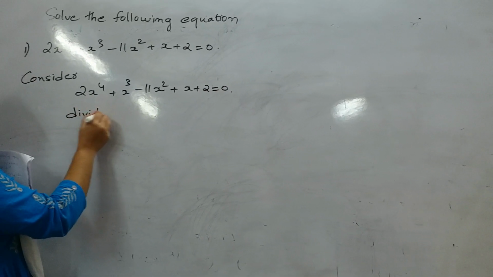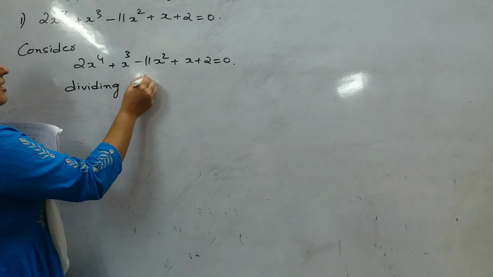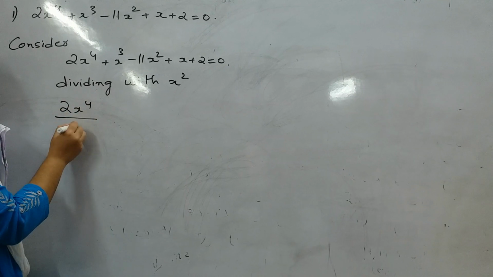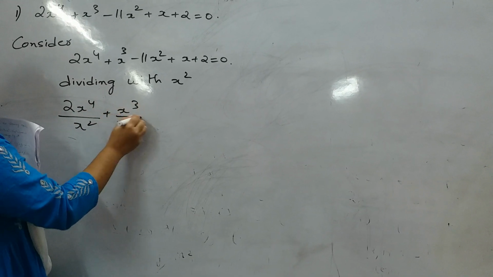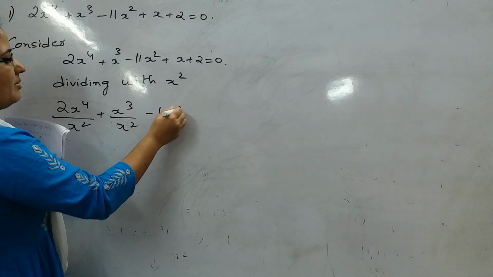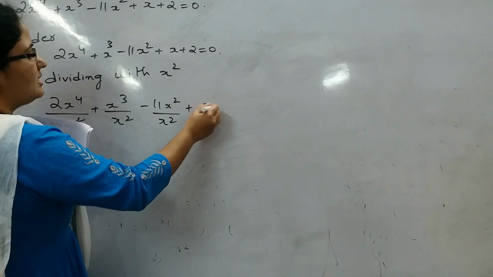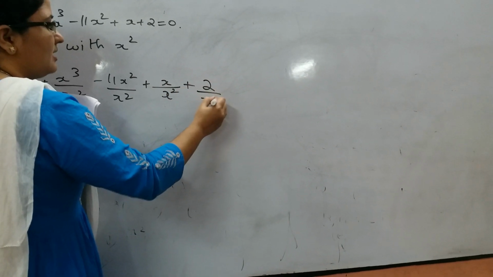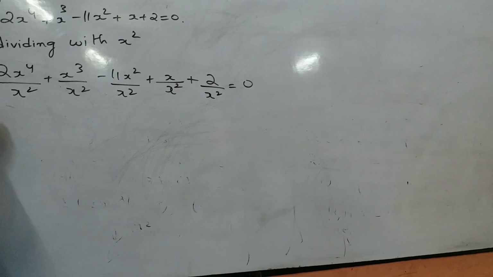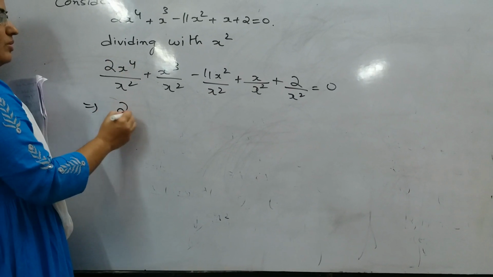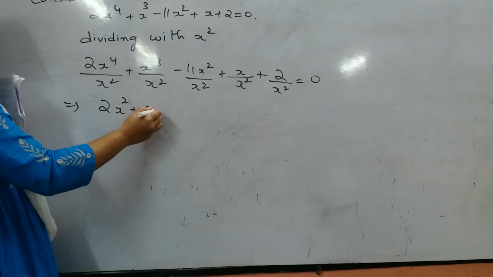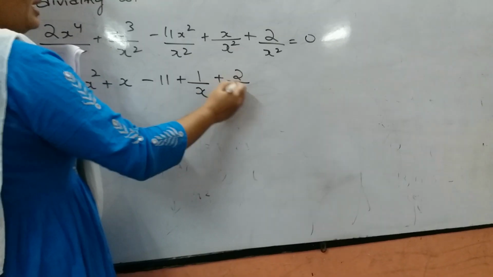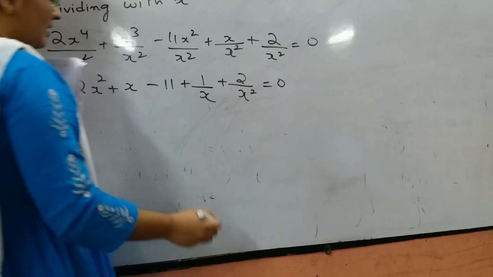Dividing with x square, what do we get? 2x power 4 by x square plus x cube by x square minus 11x square by x square plus x by x square plus 2 by x square is equal to 0. Now what do we get here? 2x square plus x minus 11 plus 1 by x plus 2 by x square is equal to 0.